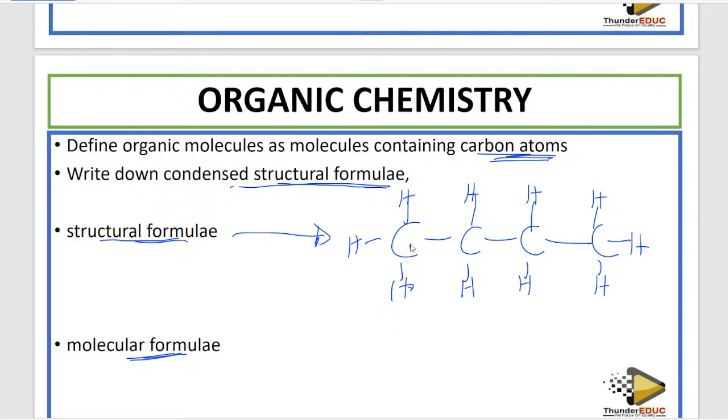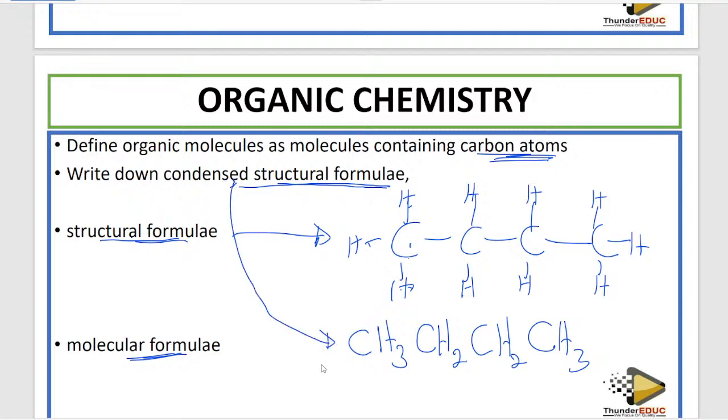For example, I go to the central carbon. How many are there? 1, 2, 3. I have 3 hydrogens. Then I go to this one, C, 1, 2. I have 2 of them. Then this one, CH2. Then this one, CH3. So now it becomes a condensed structure formula.